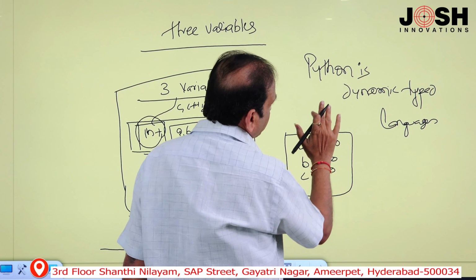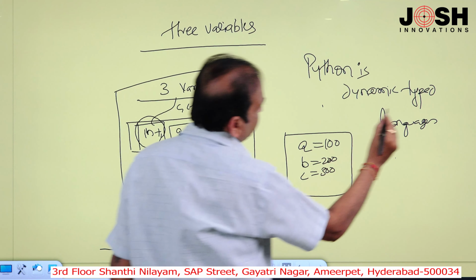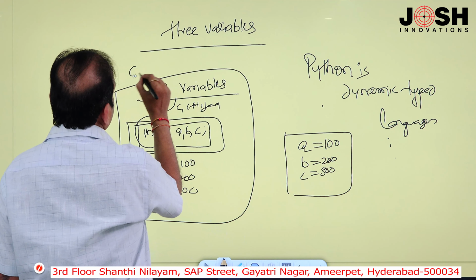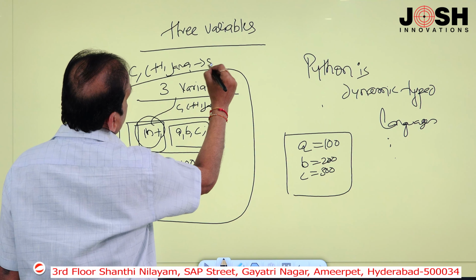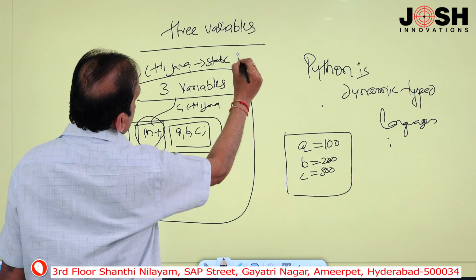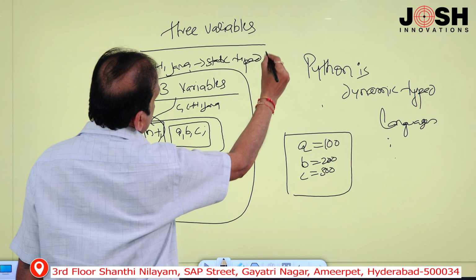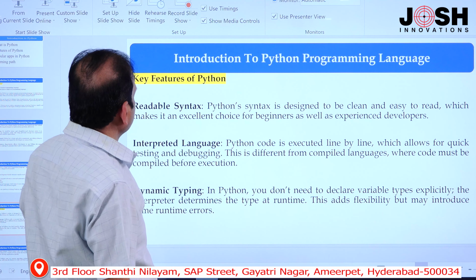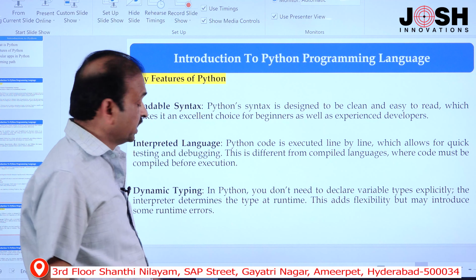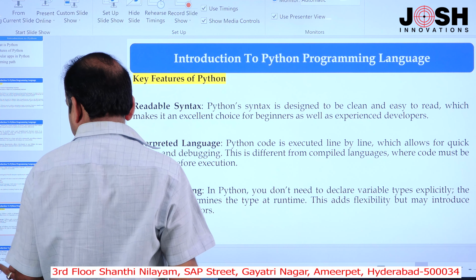So, Python is a dynamic type language, whereas C, C++, Java are static type languages. So we understand what is readable syntax, what is interpreted language, and what is dynamic type.